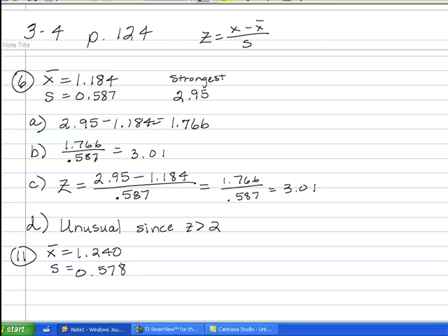So we're considering usual again to have a z-score between -2 and 2. So basically what we're going to have to do is solve an algebraic equation, x minus the mean divided by the standard deviation. We want to solve for that x, and we also want to solve for this one.